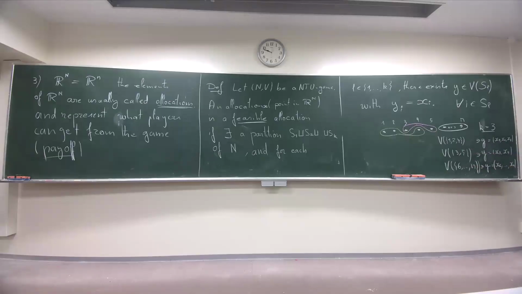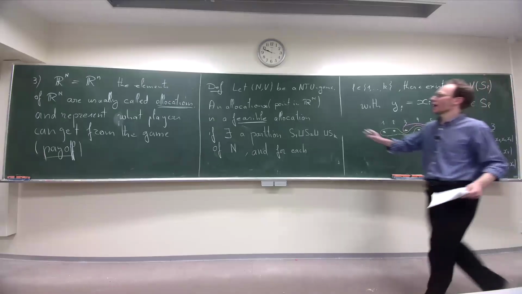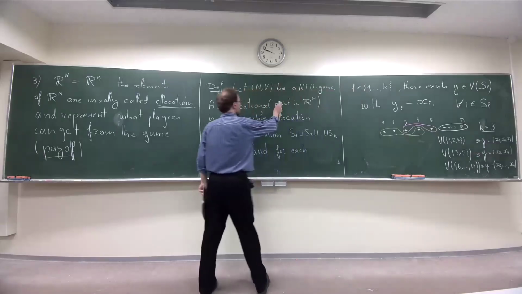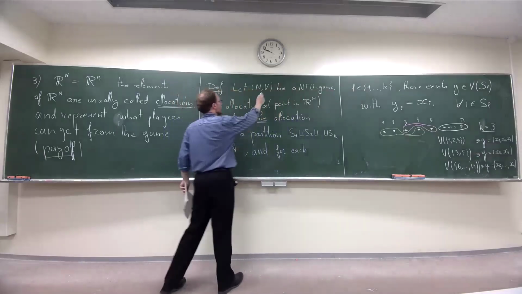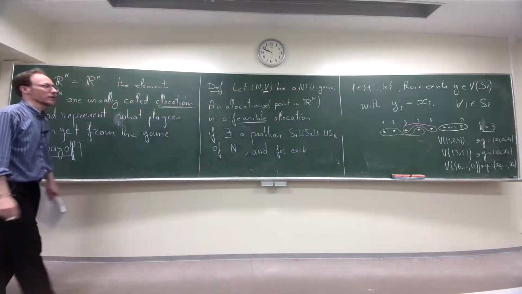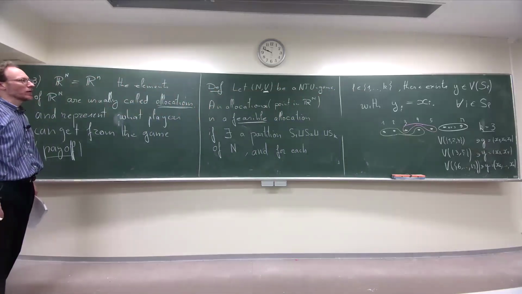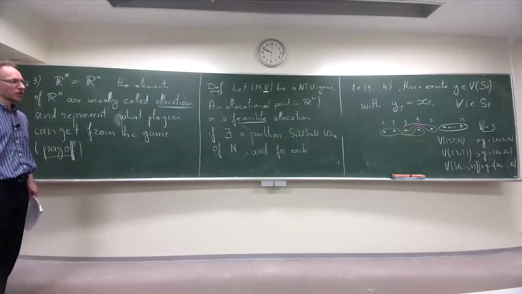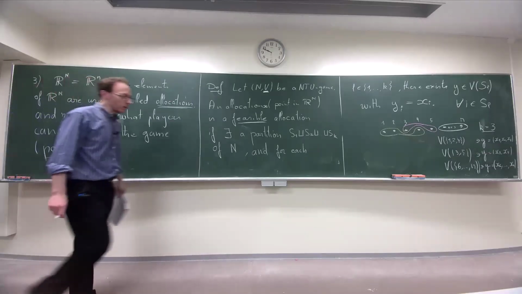So I encourage you to think about this definition. It's not difficult, but take an example, use the example I mentioned before, and you will see not all points are feasible. It really depends on this function V. I'm not even sure, probably there is always some feasible points, but the number is not clear.